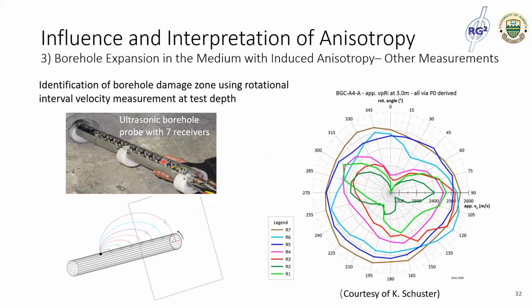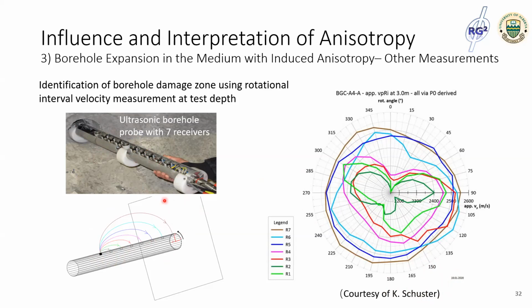And some other in-situ measurements were also used to inform the borehole damage zone. For example, in this case, the seismic survey can be conducted locally inside of a borehole. Dr. Schuster, previously from BGR, and colleagues developed the probe with multiple receivers with varying distance from the emitter, and the velocity of the wave penetrating into the borehole wall can be measured with this tool.